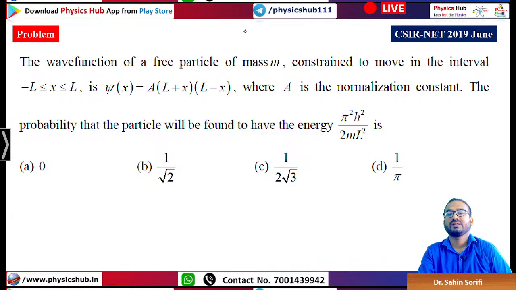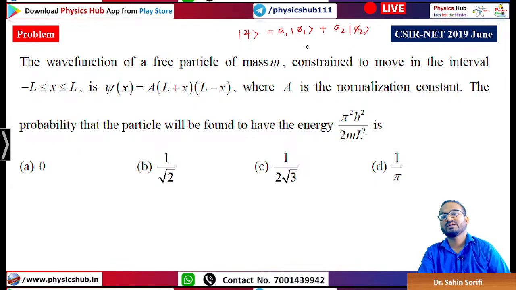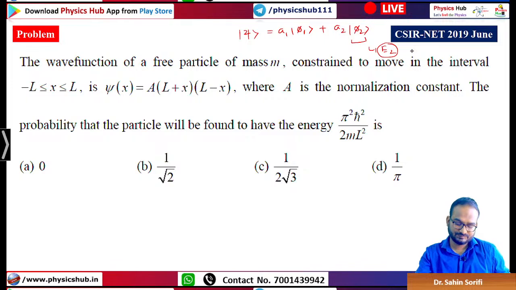Like if I can write the wave function or eigenvalue, let's say a1 phi 1 plus a2 phi 2 or something. What is the probability to find a particle in the state phi 2, or let's say phi 2 is having energy E2. So we can say what is the probability to find a particle with energy E2. So we have already given you in the postulates. So do it.